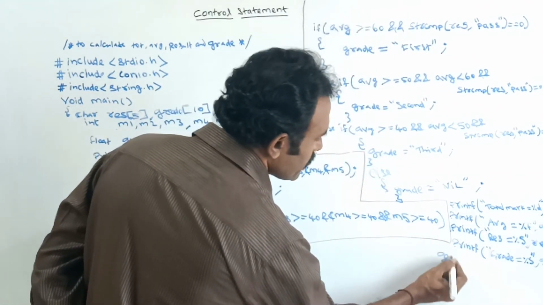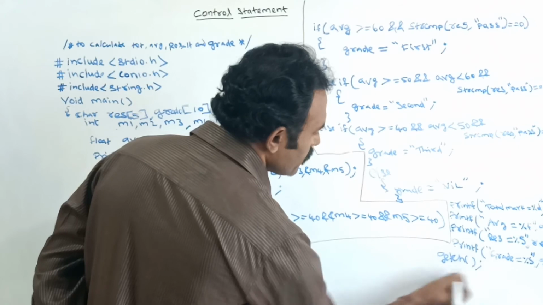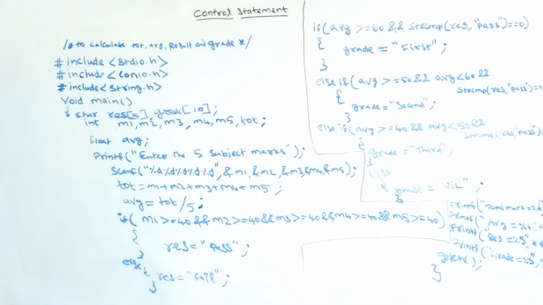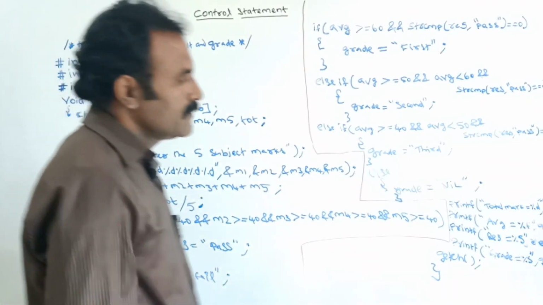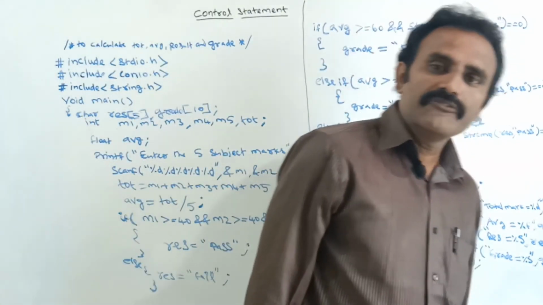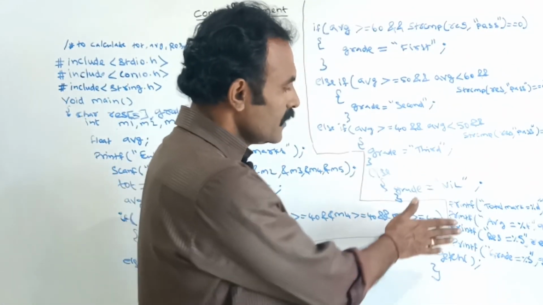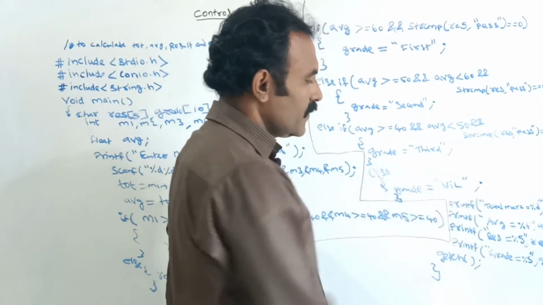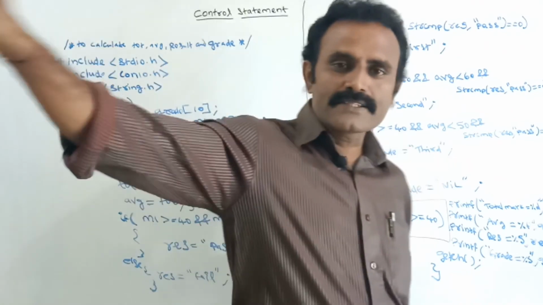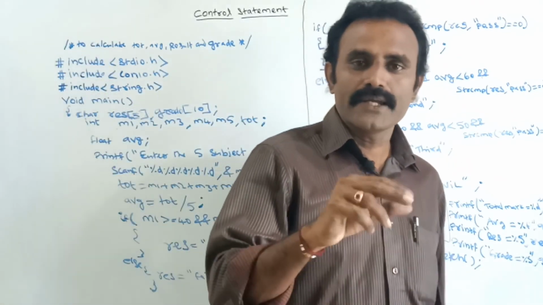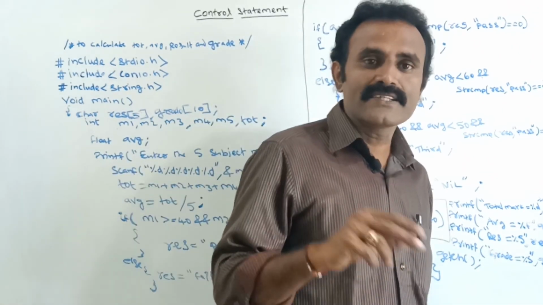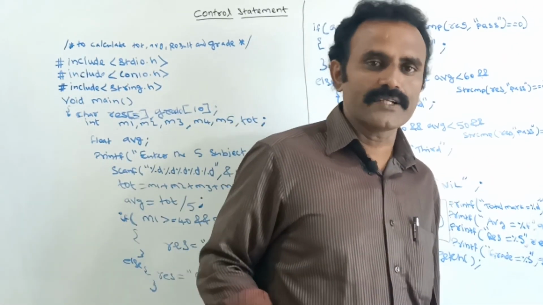Here getch, and I have closed the main program. See, in printf statement we can print the results one by one, otherwise in a single statement. By the help of a single statement we can print multiple results in a single printf statement.